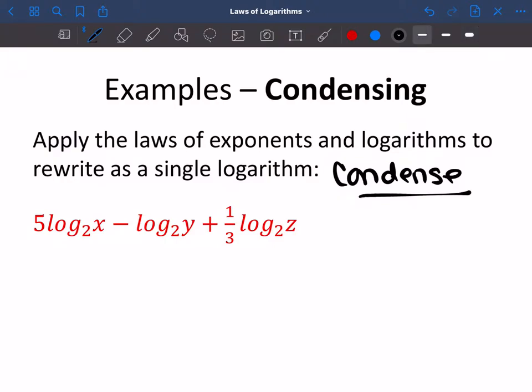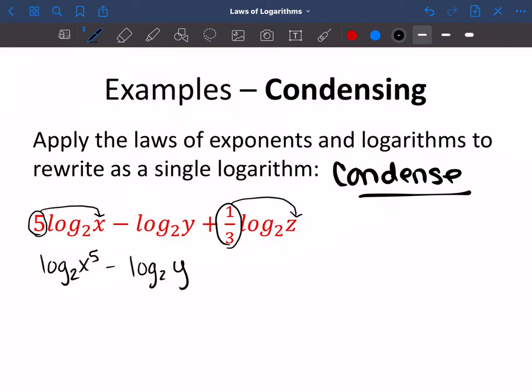All right, so what do we do first? So as I move from left to right, let's work on bringing any numbers that are out front of our logs, bringing them up as a power. So this is going to give us log base 2 of x to the 5th minus log base 2 of y plus log base 2 of z to the 1/3.